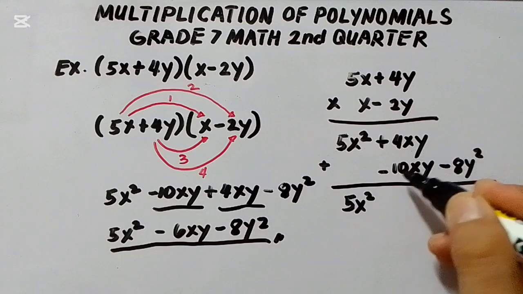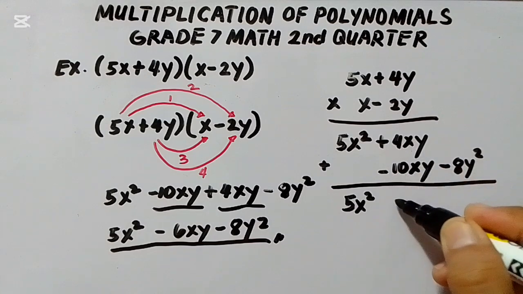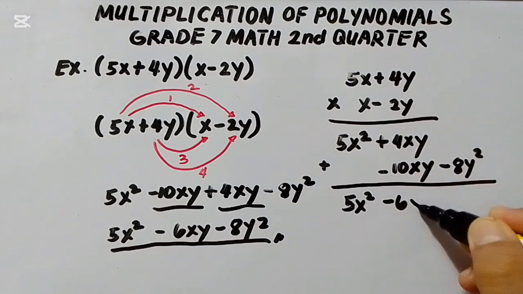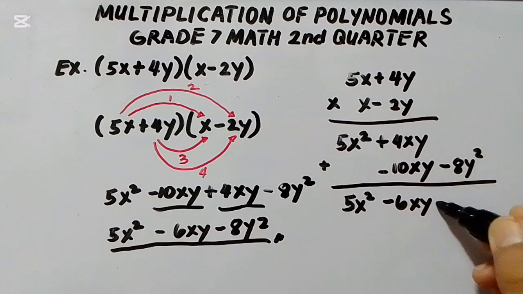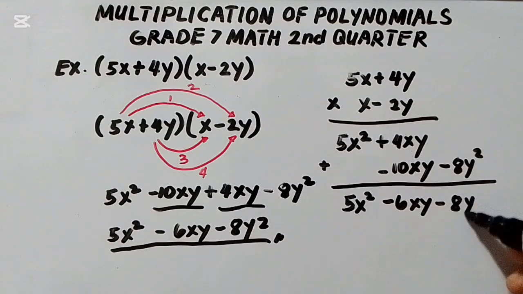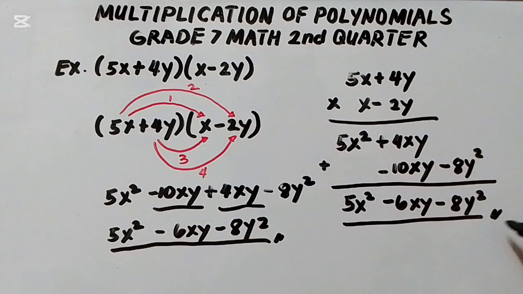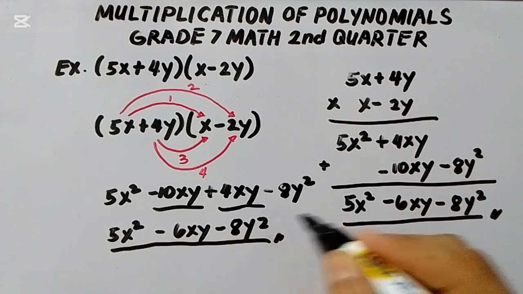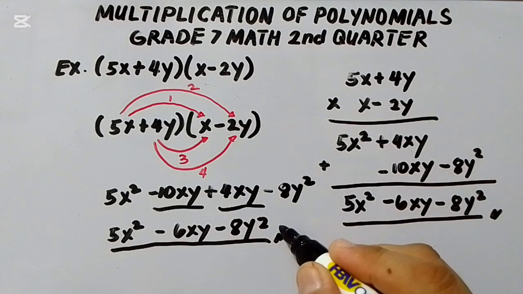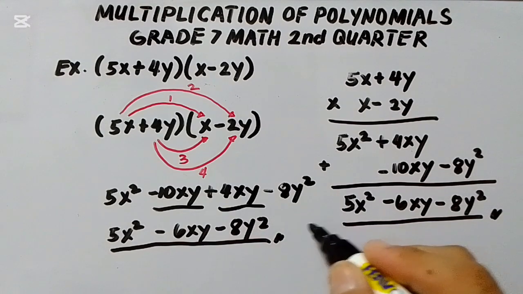Then, 4xy minus 10xy, that is negative 6xy. Then, bring down negative 8y squared. Okay, so this is the product using the vertical method. So, magkapareho po dito sa ating nakuwang product sa FOIL method.